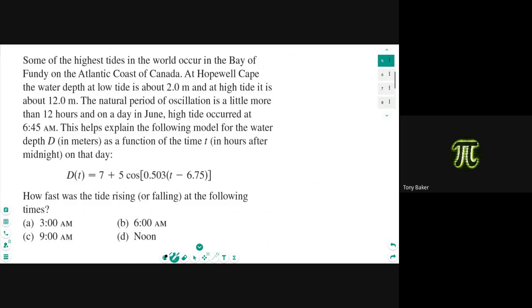Hold on, I'm trying to find the... Which route is this? 24.